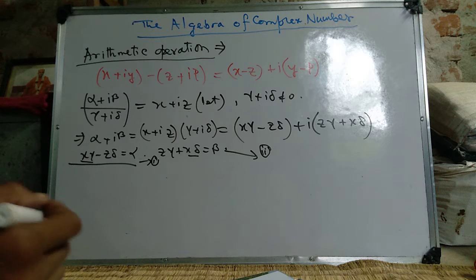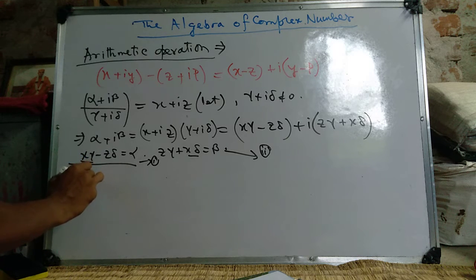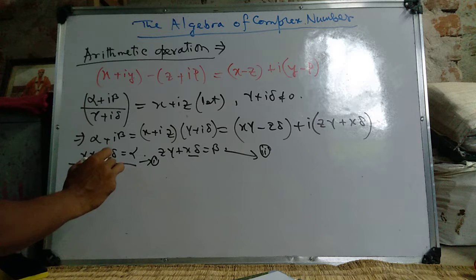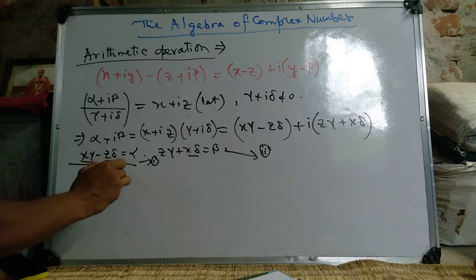Here we multiply equation 1 by gamma, and then add equation 2 multiplied by delta.